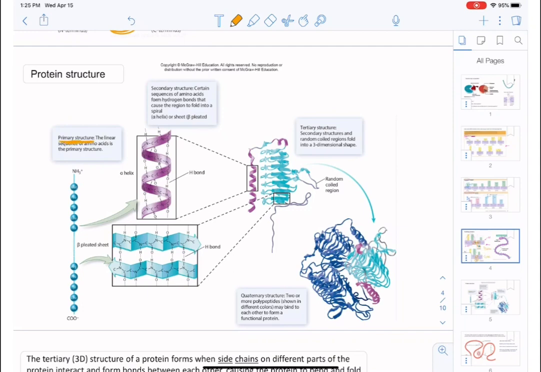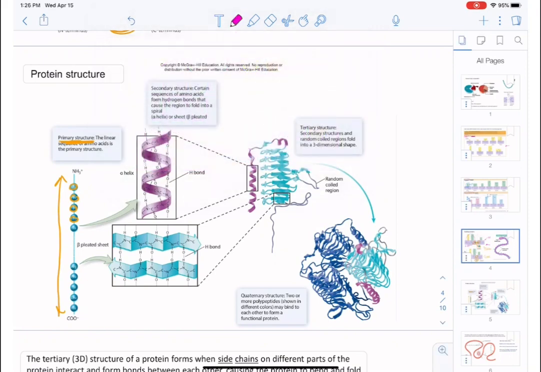And what the primary structure of a protein, or at this point we call it a polypeptide, the primary structure of a polypeptide simply refers to a linear string of individual amino acids. And so we have a string of amino acids that's just laid out linearly. There's no bends or folds in it, anything like that. It's just a string of amino acids.